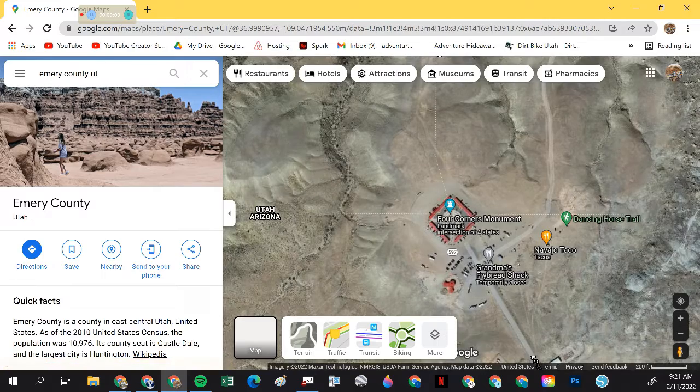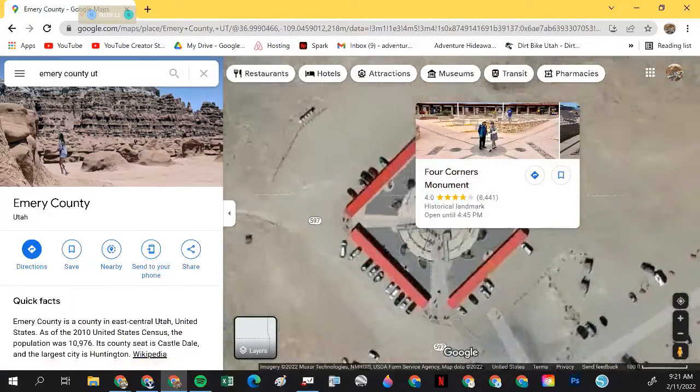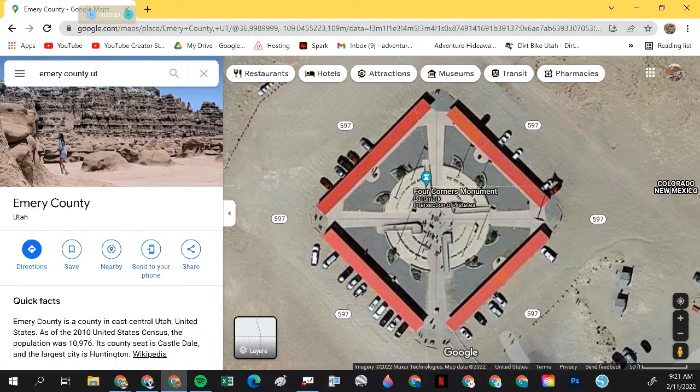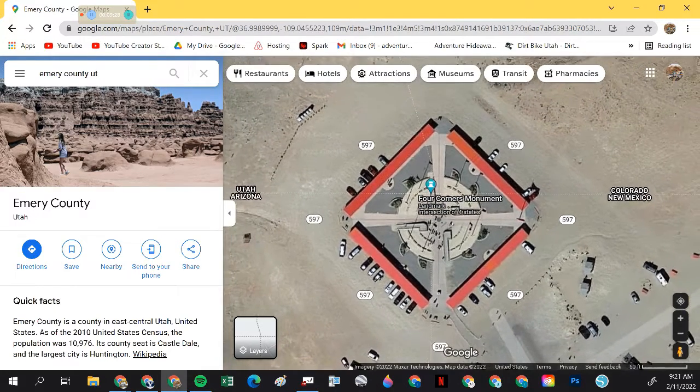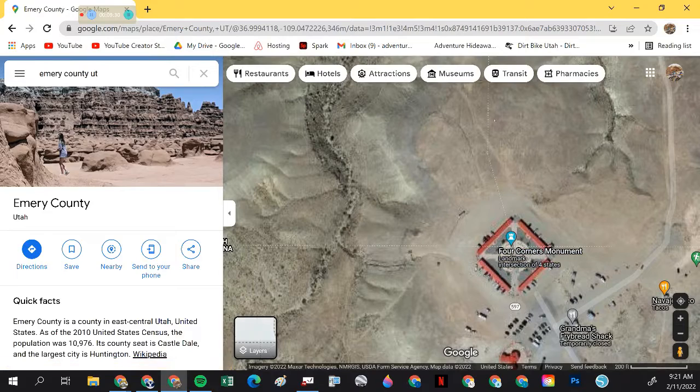So back when they built this, and it's really cool, you guys should go there someday. So this point, and when you look on Google Earth, the satellite photo is not going to be perfect with the border lines. So even though it looks like it's a little bit off, don't freak out about it. That's only like 20 feet. But look at that.